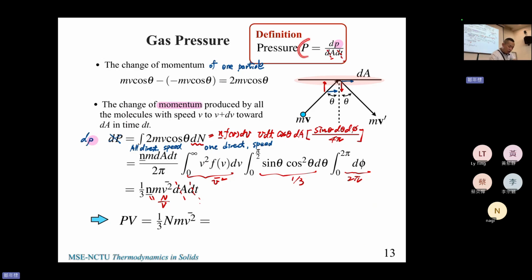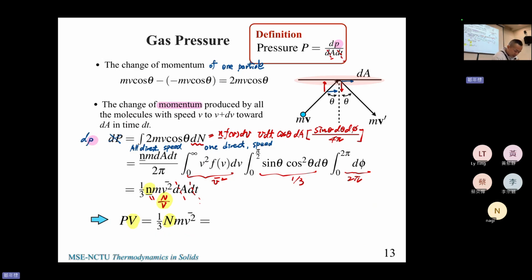So pressure times V equals, you can see the N here is N over V. So if we put the V to the left-hand side, you have PV equal to 1/3 N m v squared bar.